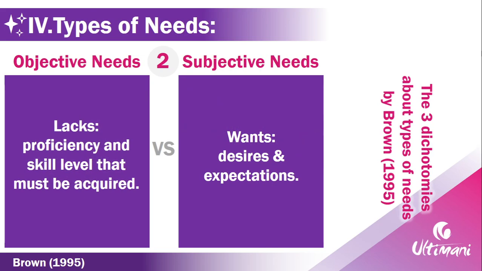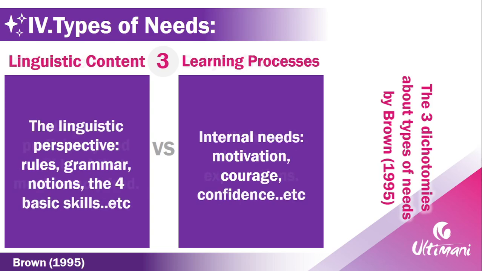The second dichotomy is objective versus subjective needs. Objective needs are just lacks, proficiency, skill level, and the subjective needs are the wants, desires, and expectations. The third dichotomy is the linguistic content versus learning processes.